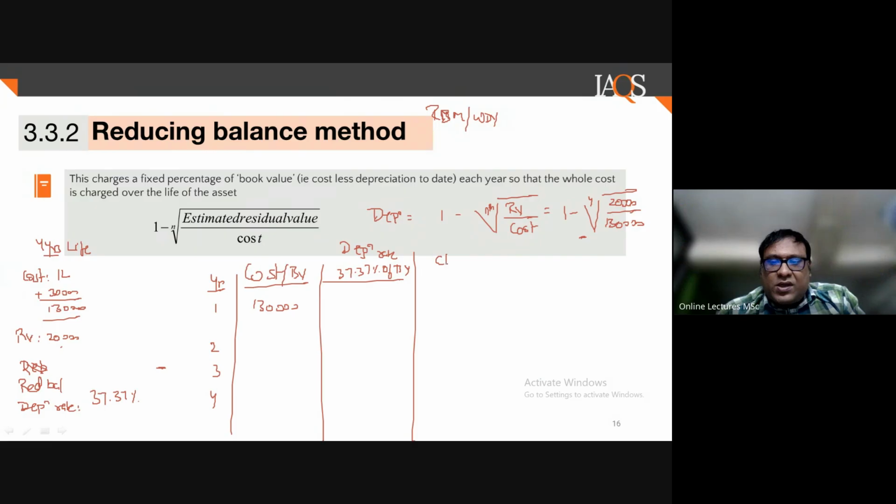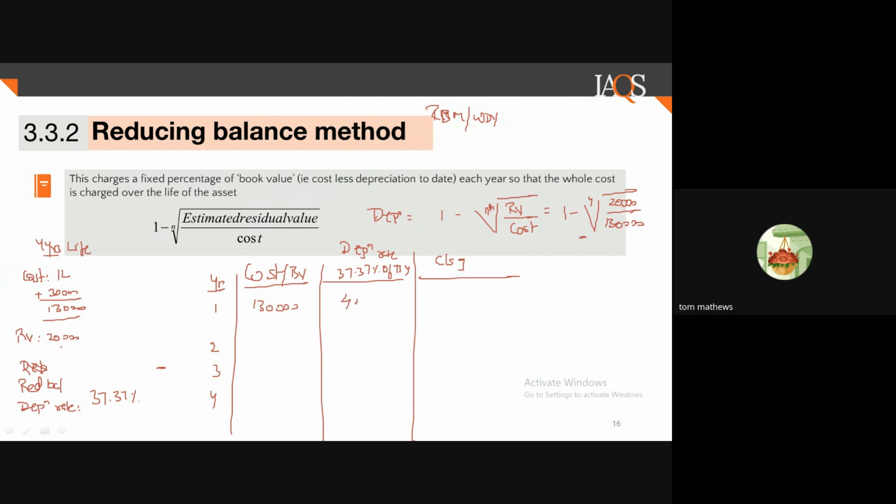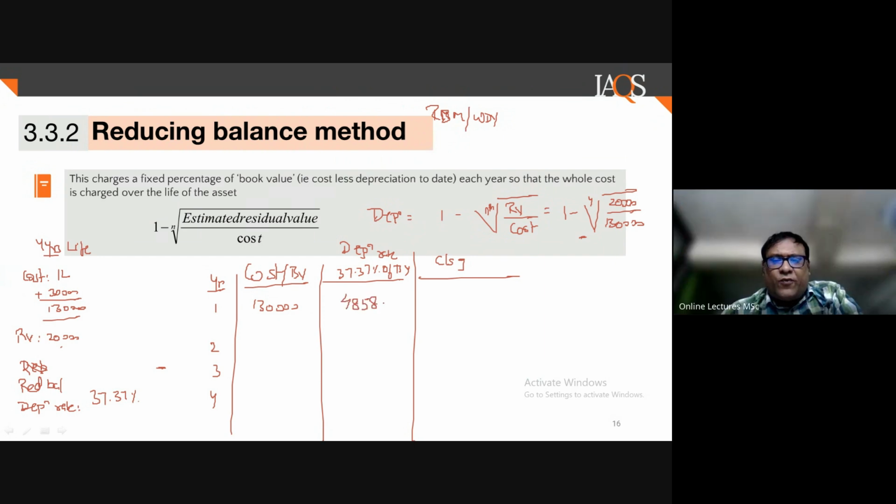Then we'll have the closing balance. So 130,000 into 37.37% gives 48,581. Yeah, 48,583.